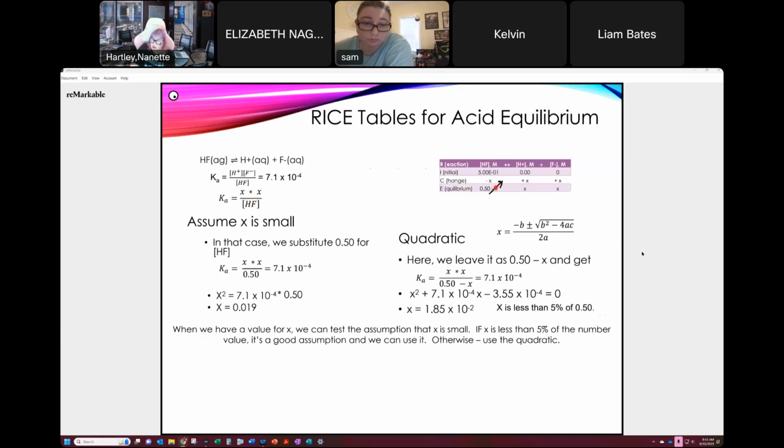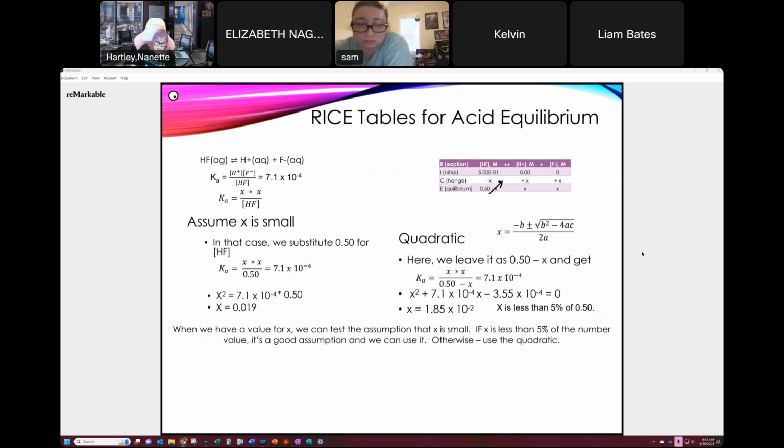If you want to go through the big, huge math, this is what it looks like over here, and that's perfectly fine if you choose to do that. But what we find is that almost all of the time X is less than 5% of that initial concentration, so it's a valid assumption to ignore. That's the definition by which we can use that.